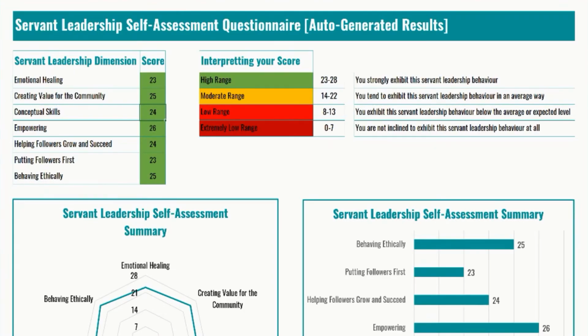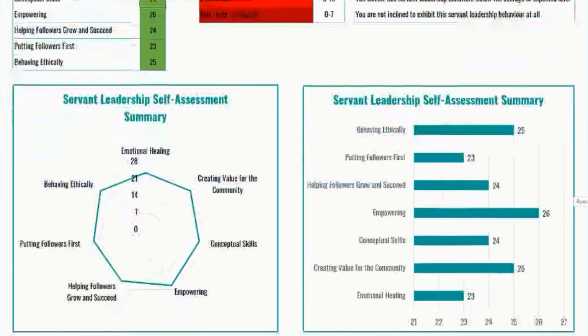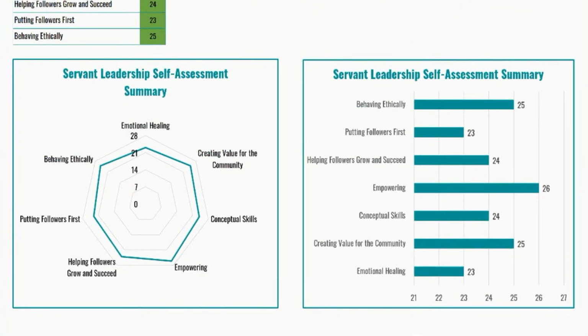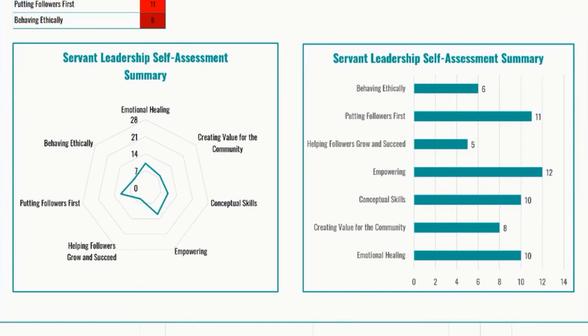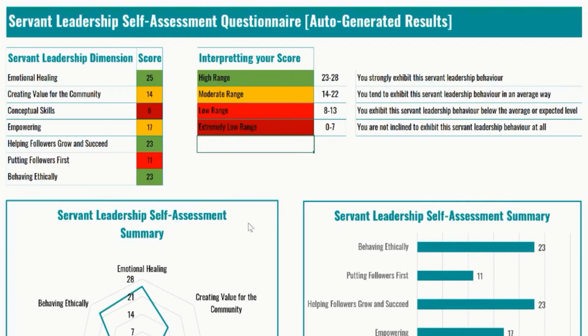So when considering your results, if you have a high score across all of the 7 servant leadership domains, that would mean that servant leadership is likely to be a predominant leadership style that you adopt. In contrast to this, low scores across these 7 leadership domains would indicate that you are less likely to adopt servant leadership as your default style of leadership. However, it's more likely that you will have high scores in some areas, lower scores in other areas, and some moderate scores in some of the other leadership domains.